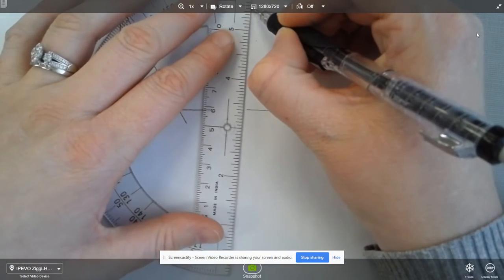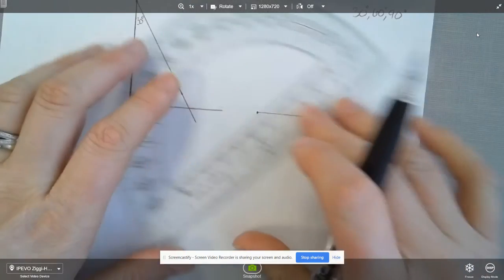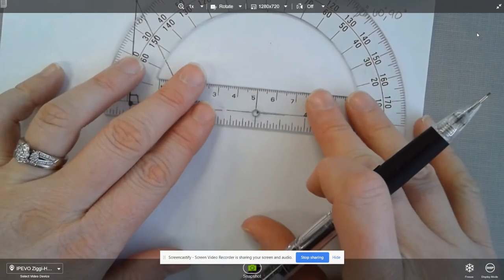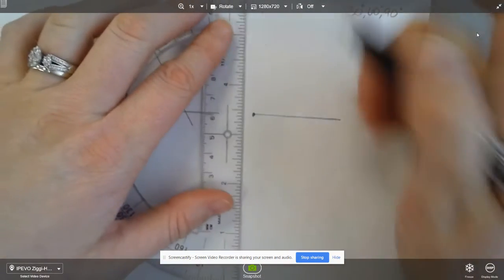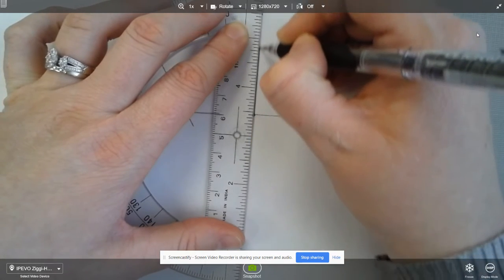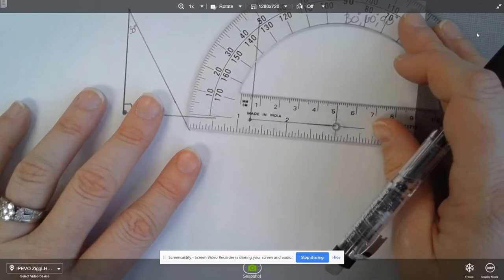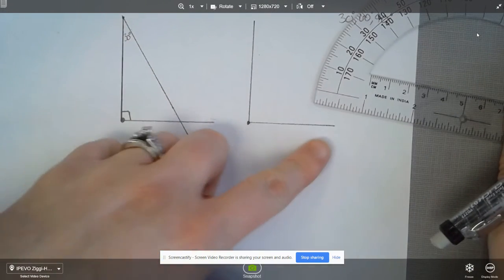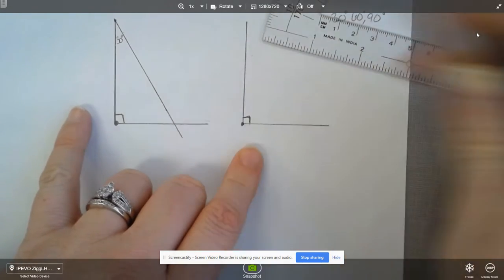If you are unable to turn your paper, let's make sure this all lines up since I didn't make my dot. Okay, I could just shift to this side of my angle. Remember, this was 90 degrees, so I'm going to indicate that.